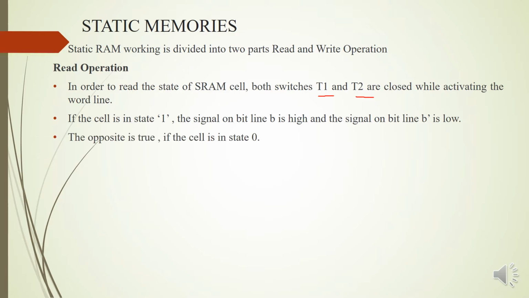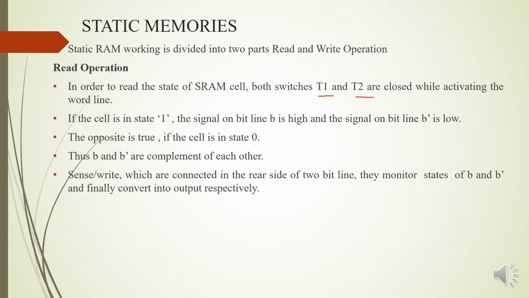The opposite is also true if the cell is in state 0. Thus, B and B bar are complements of each other. The sense and write circuit, connected to the right side of the two bit lines, monitors the states of B and B bar and finally converts them into output.